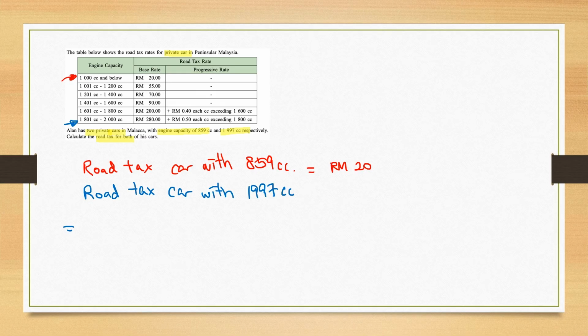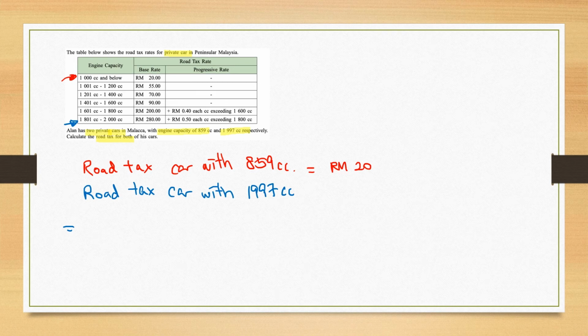You have the base rate and the progressive rate. Anything beyond 1600cc engine capacity in Malaysia, according to law, you have an additional progressive rate, and you have to add this. You have to times 40 cents, or is it 50 cents, for each cc exceeding 1600cc, or each cc exceeding 800cc.